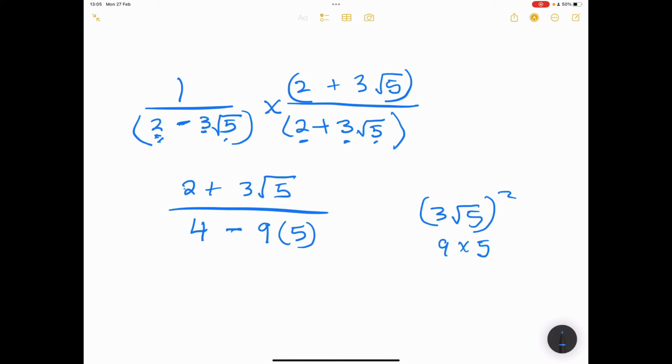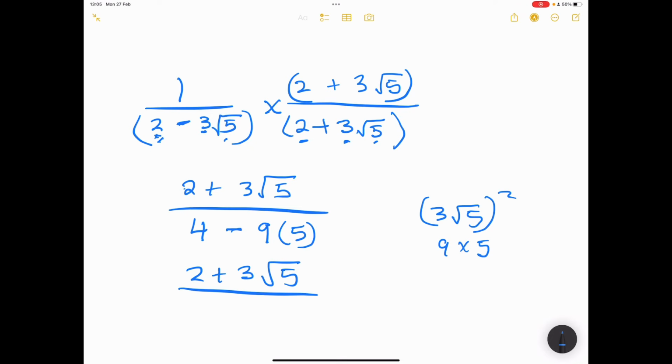And that should give us 9 multiplied by 5. So that would give us, my brain just froze for a bit there. 2 plus 3 root of 5, this is divided by, 9 times 5, that's 45, right?